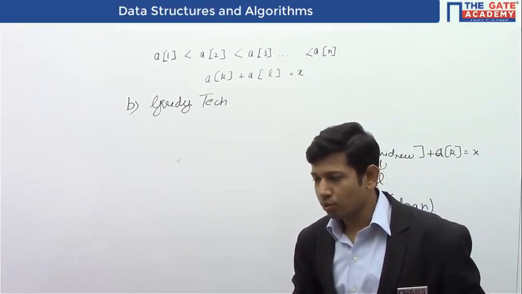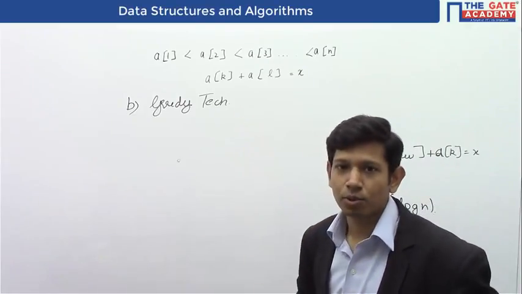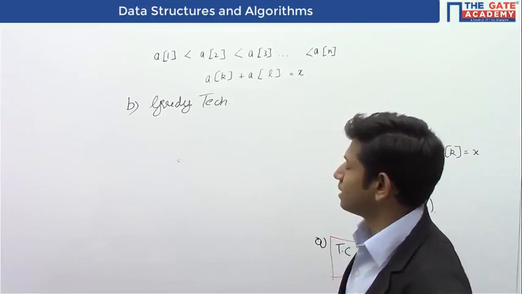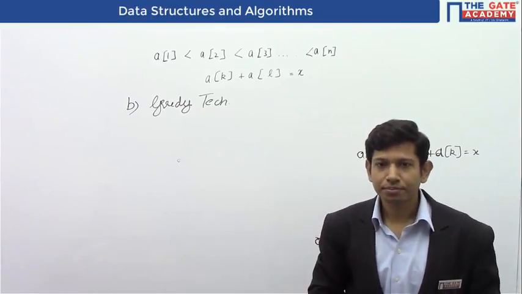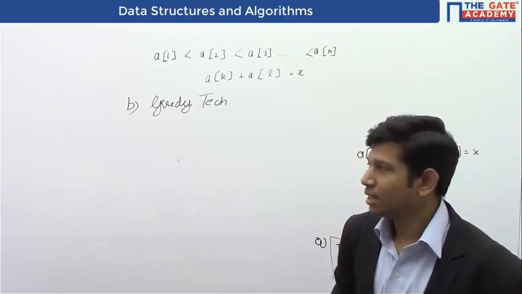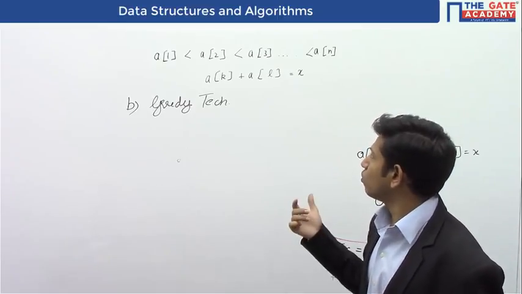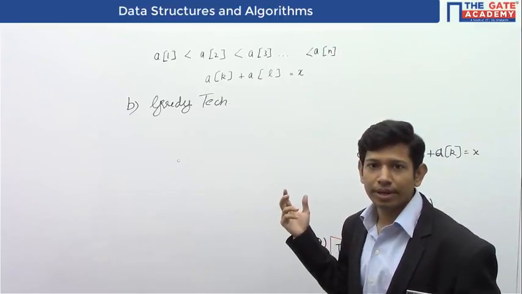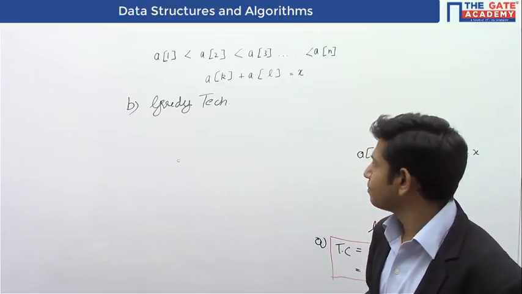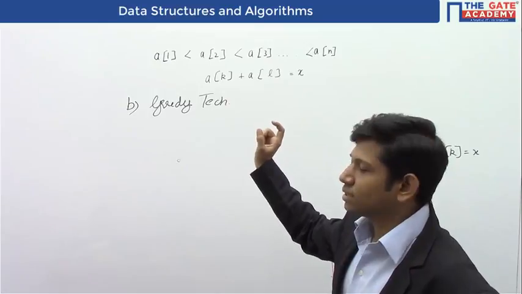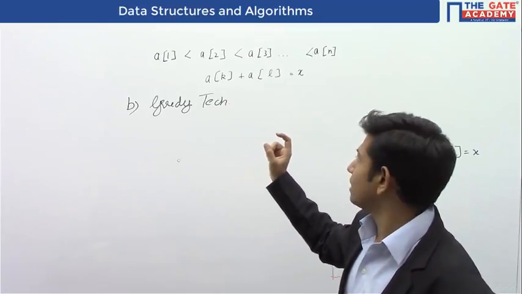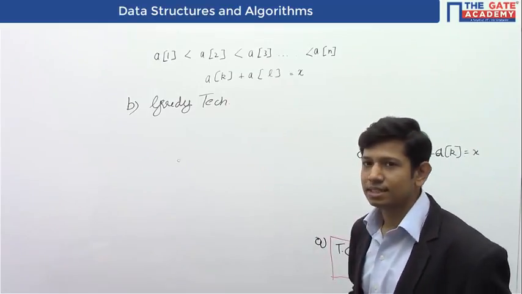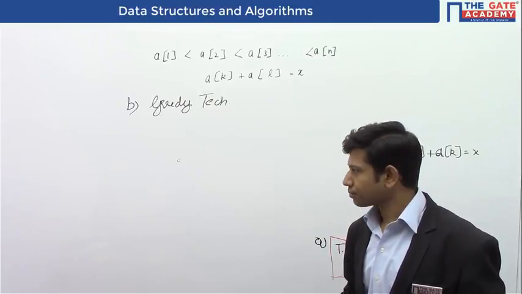So what we know is that the first element is the smallest element and the last element is the largest element. In the question, they are asking whether the sum of any two indices k and l is such that it is equal to x. So first we will check whether the sum of the smallest index and the largest index is x or not.